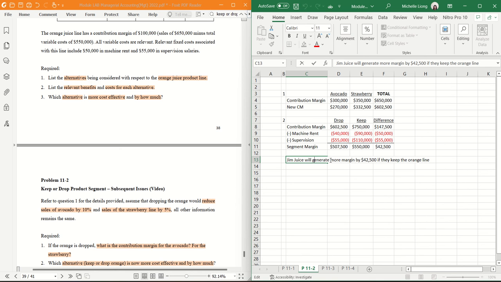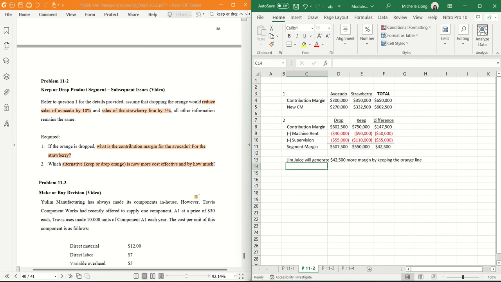It will generate 42,500 more margin by keeping the orange. Okay, and it's done for problem two.